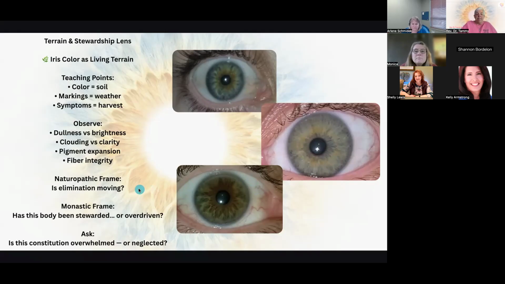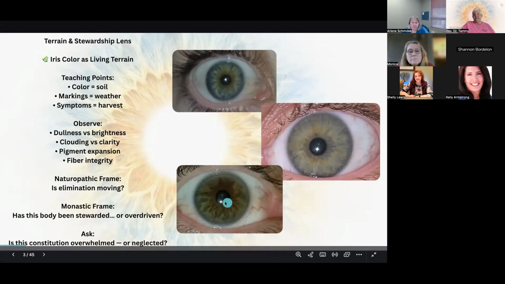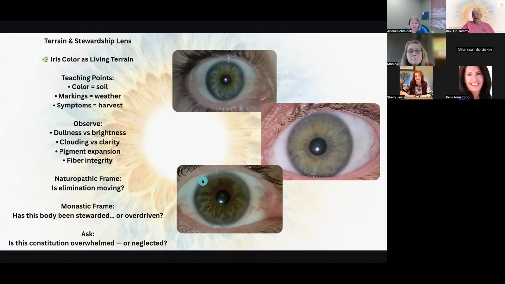So the naturopathic frame: is the elimination moving or is it stagnant? This one, the elimination is moving quite well. This one, not so much, and this one not so much. We see things stacking up with this one because it's got the arcus senilis starting to happen, or the sodium ring. We've got the skin ring on this one. We've got the gut in here that's just got lots of things going on, plus a bunch of inflammation, maybe some candida.